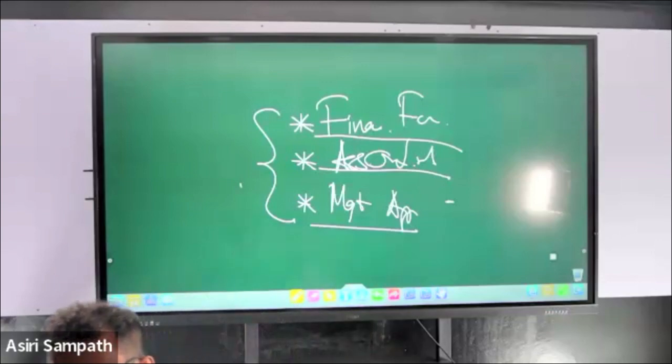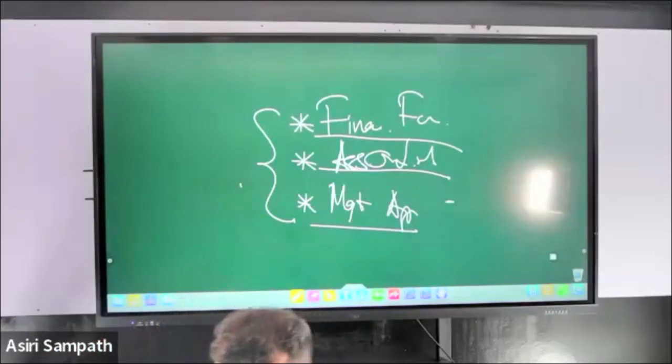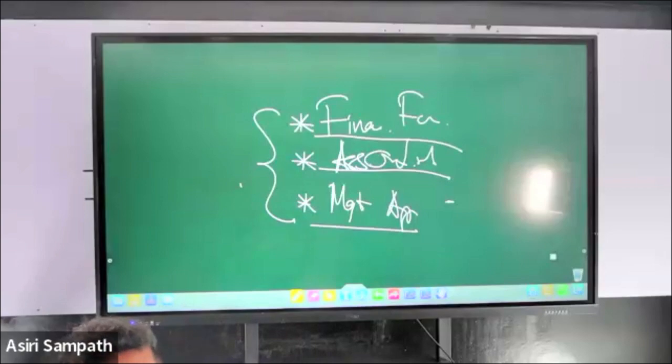Under answer, sample A. What is the question? State the main 3 characteristics of a transaction. You know it, right?